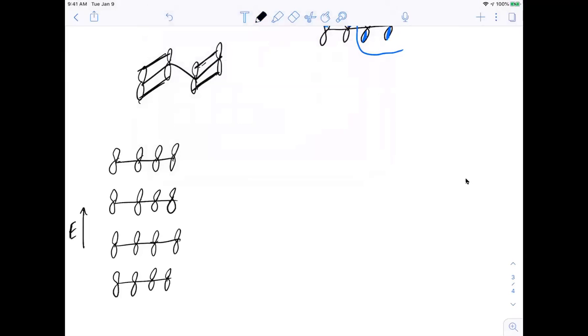So to make it a little easier to demonstrate that, I'm going to turn it into a string here with 4 dots on it.